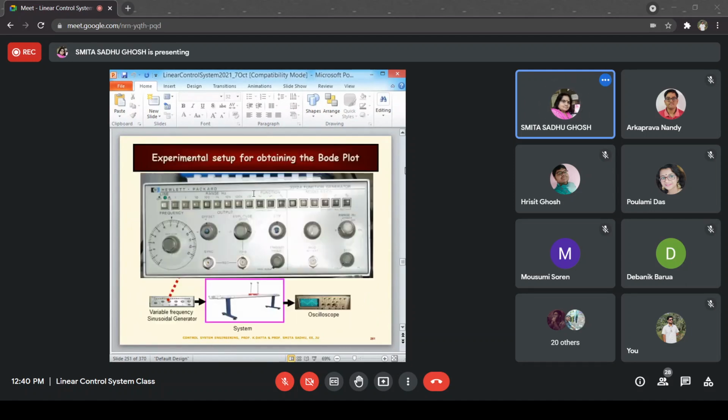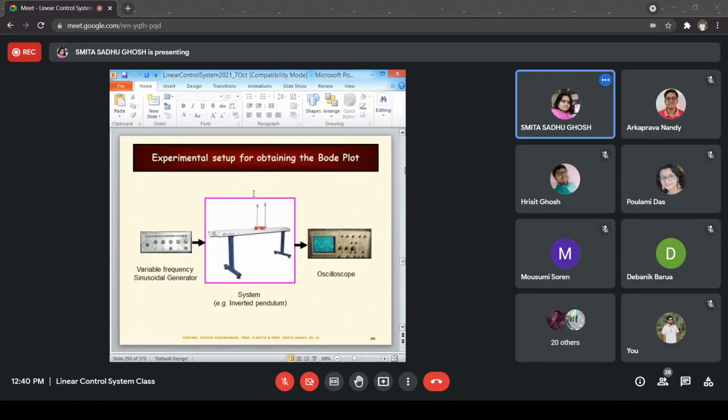Similarly, now the phase plot. The phase response is another component of the Bode plot. Again, we had used a sinusoidal generator, and for a particular frequency you have your input sine waveform. The output sine wave you would observe as shifted; in general, it is going to shift by a particular amount of phase with respect to the input waveform.